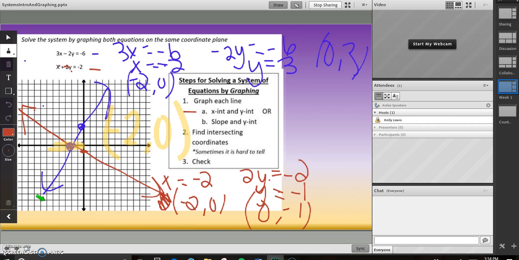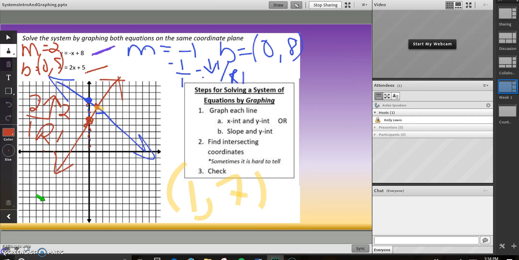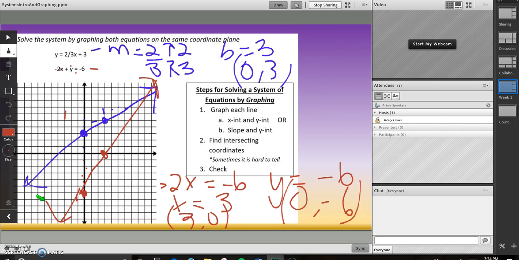All right, so this guy compared to, okay, I'm coming back to this problem. Compared to here, that one was so easy we could tell. This one's so easy we could tell. This guy, hard to tell. It looks like it's there. Okay. When I check it on the calculator, this is what we get as our answer. (6.75, 7.5).